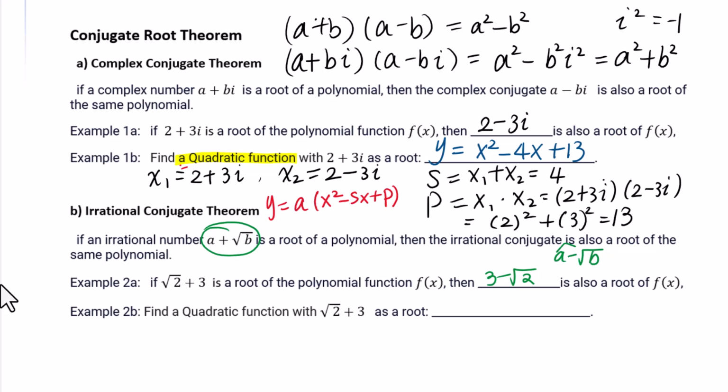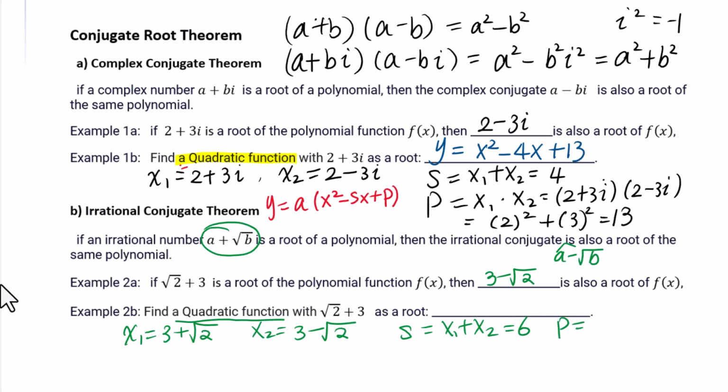Example 2b. Find a quadratic function with the square root of 2 plus 3 as a root. x1 equals 3 plus square root of 2. x2 equals 3 minus square root of 2. So s equals x1 plus x2 equals 6.